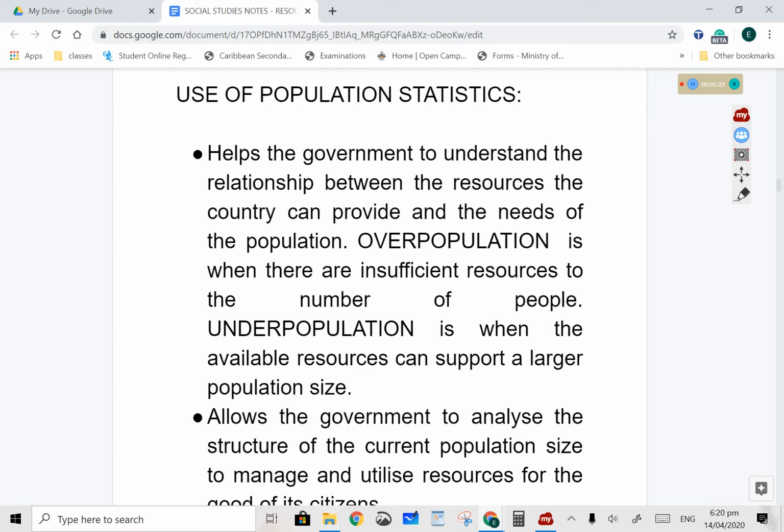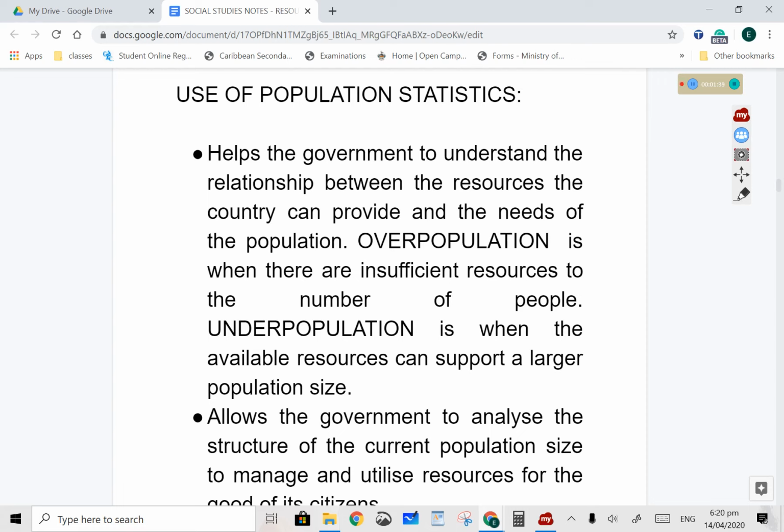Gathering information for taxation purposes, and to understand the resources that we have and if they can provide for the needs of the population and the present needs of each community.